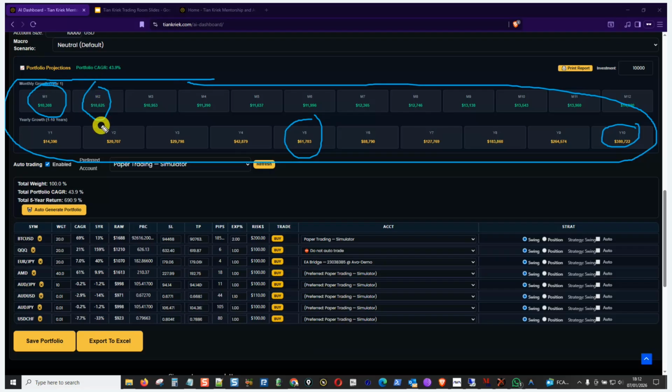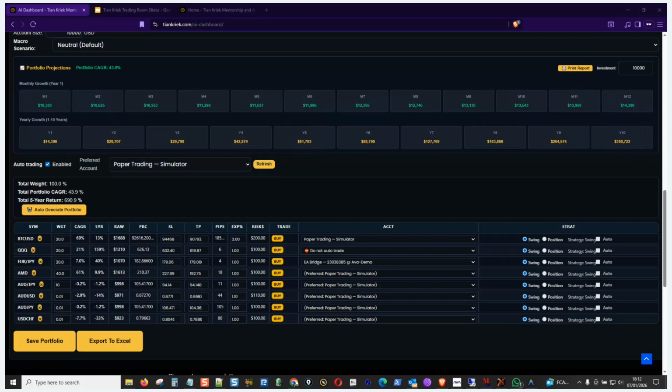Okay. So by default, we start with $10,000. Let me just zoom in on that, $10,000. And by the end of that month, it will be 10,308. And then every month, it shows you on average how your portfolio will increase.